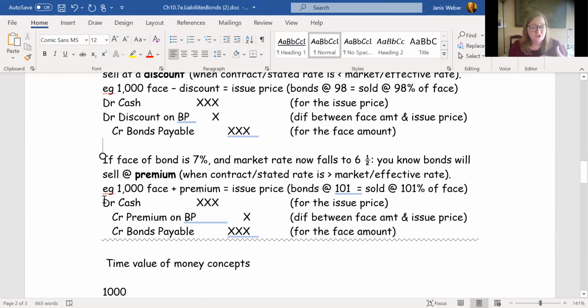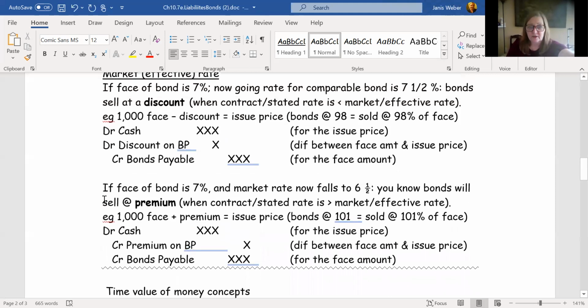So in the journal entry, you would debit cash for the issue price, which would be higher than your face amount this time. You would credit bond payable for just the face amount. And then the equalizer to make the two sides of the entry balance would be a credit, because this is the premium, and you would put that to the account premium on bonds payable.